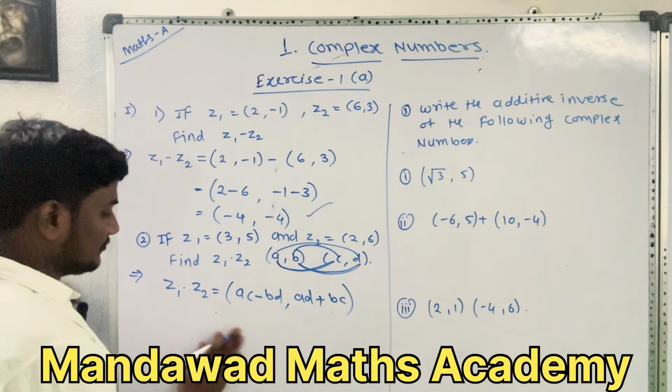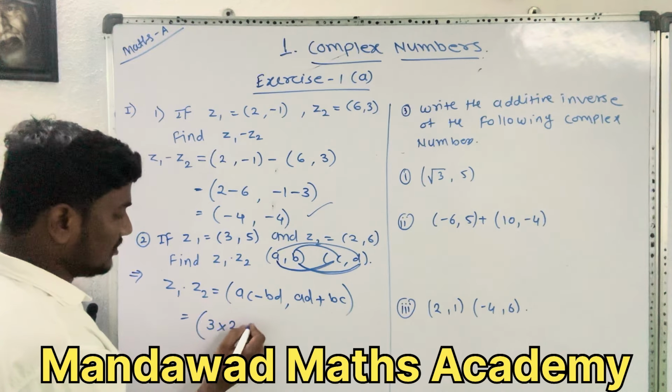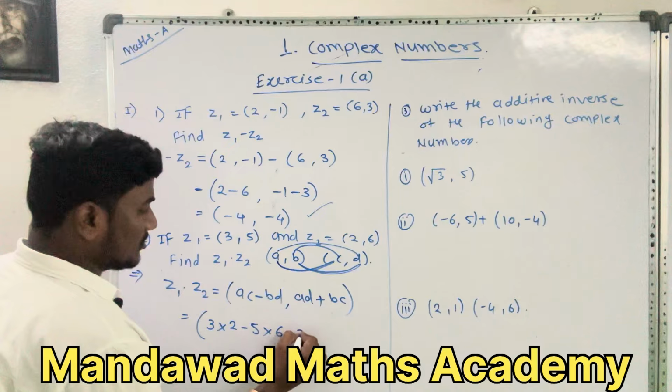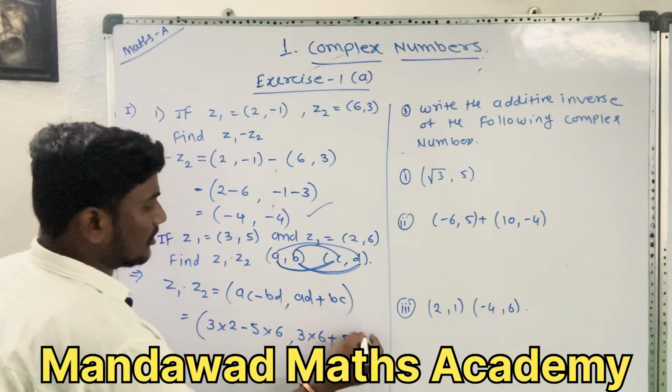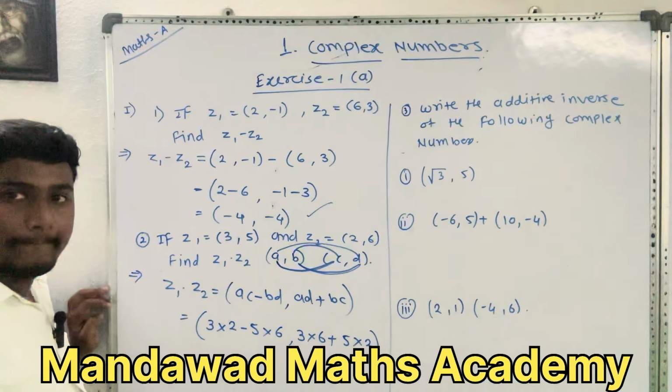What is AC? A is 3 and C is 2, minus B is 5 and D is 6. A into D means 3 into 6, plus B is 5 and C is 2. Is it okay?